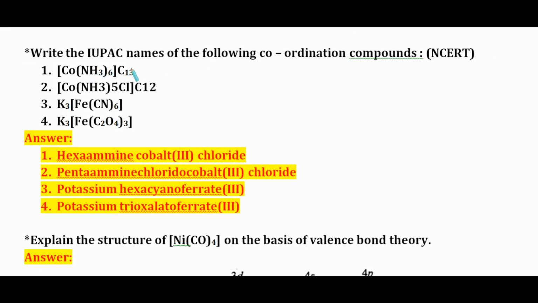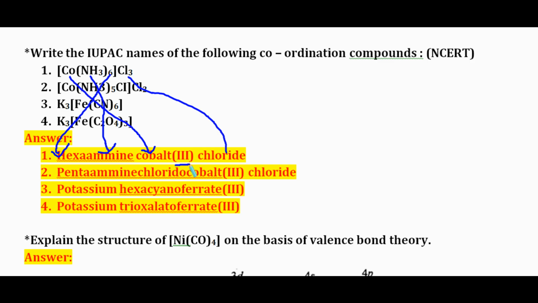Next question. Write the IUPAC name of following coordination compounds. अब यहाँ पर हमारे पास Co(NH3)6Cl3 है, तो इसका नाम देखते हैं. 6 मीन्स हेक्सा, NH3 मीन्स एमीन, Co मीन्स कोबाल्ट एंड Cl3 means chloride.